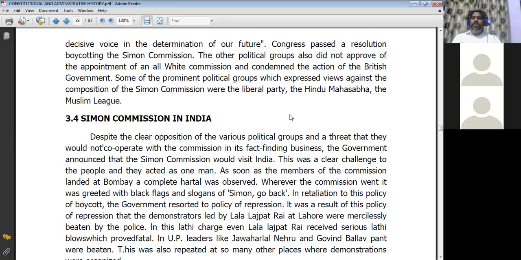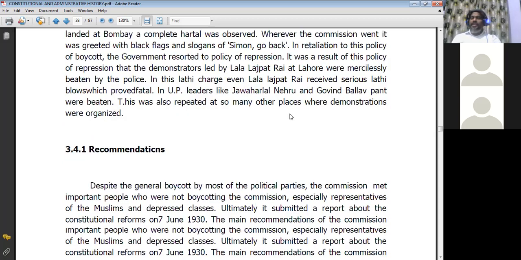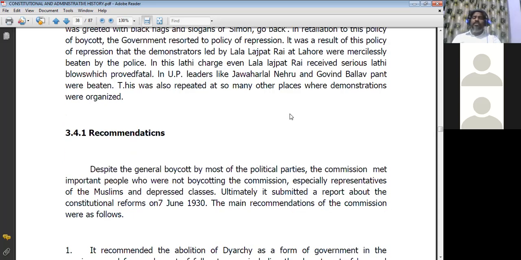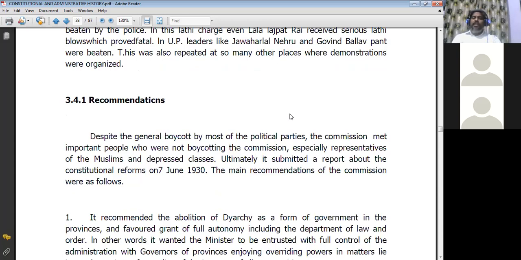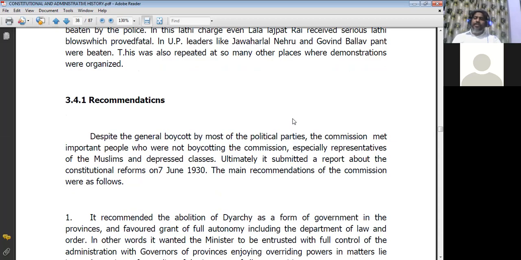Despite the clear opposition of various political groups and the threat that they would not cooperate, it also provided certain recommendations. Despite the general boycott by most political parties, the commission met important people who were not boycotting it, especially representatives of the Muslims and depressed classes. Ultimately, it submitted a report about the constitutional reforms on 7th June 1930.